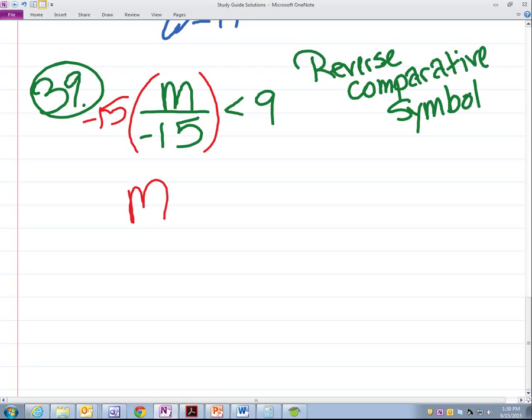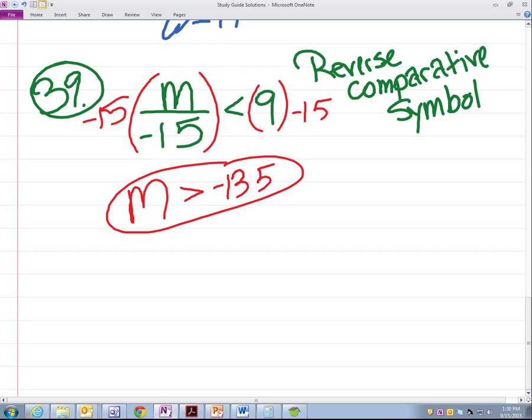So now we have M. I got to multiply this guy. We're going to flip the sign because our negative is going to the other side. And what's the opposite of negative? Positive. And you see how the left side used to be negative, but now it's positive? So we have to make sure that we do the opposite for the sign as well. And we have, what was that? 45 plus 90.